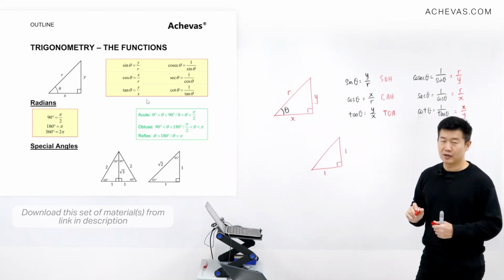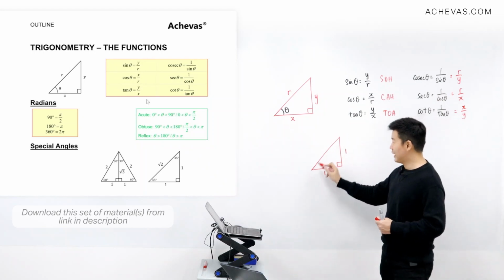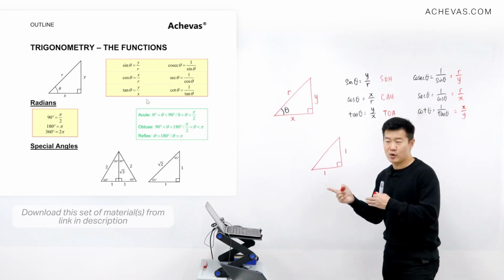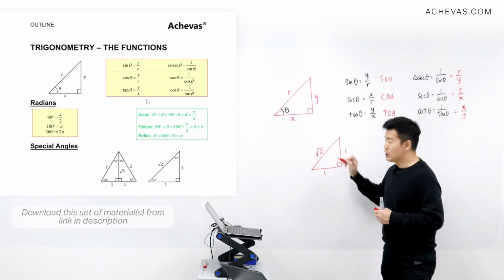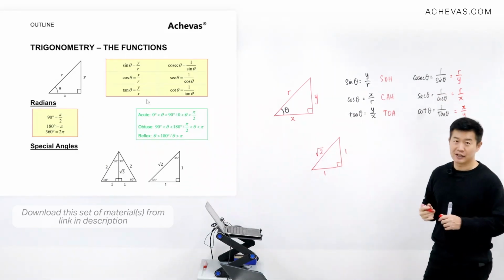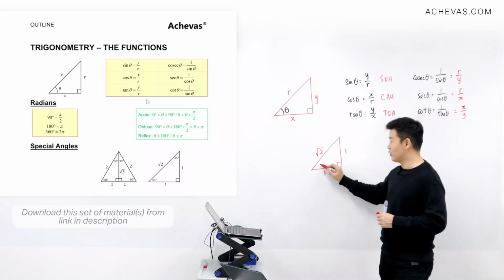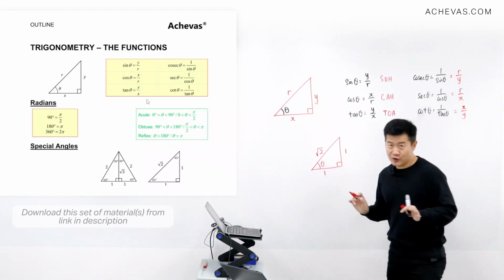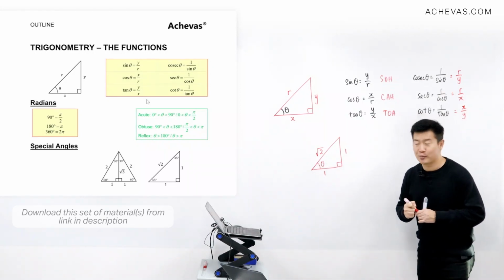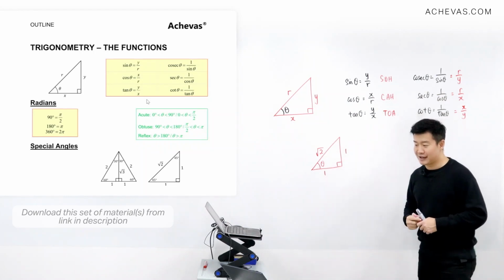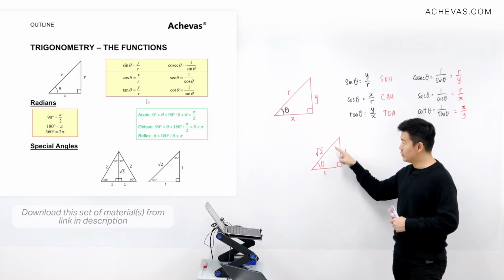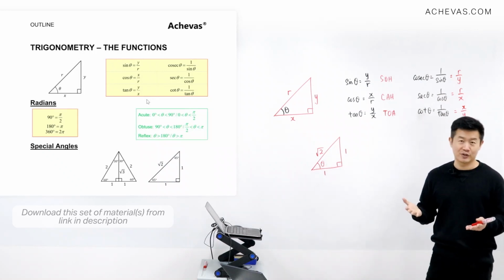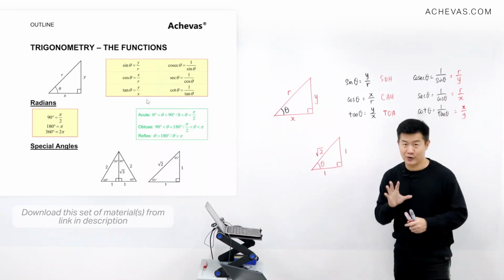And if I were to use the Pythagoras theorem to find the length of the hypotenuse, it is going to be square root of 1 square plus 1 square, which is going to be square root of 2. So let's say I'm looking at a triangle like this, and I'm curious to find out what this angle here is. And of course, if you were to use geometry, you can see that this is an isosceles triangle. So if this is 90 degrees, then this angle and this angle must be 45 degrees. So we do know that this is 45 degrees, okay?